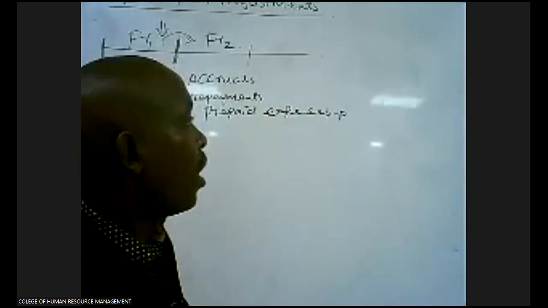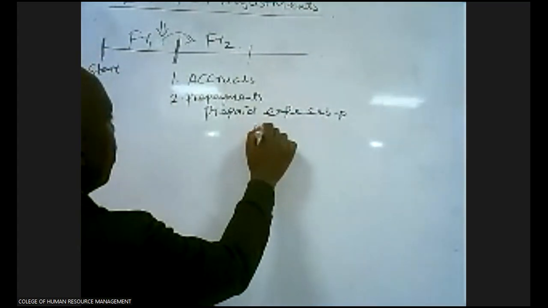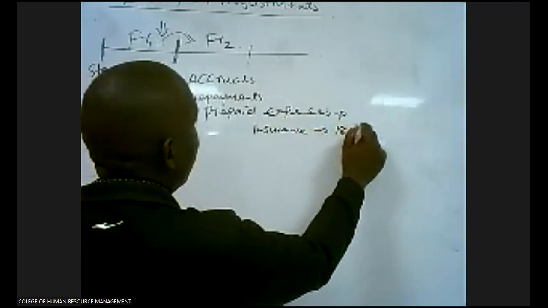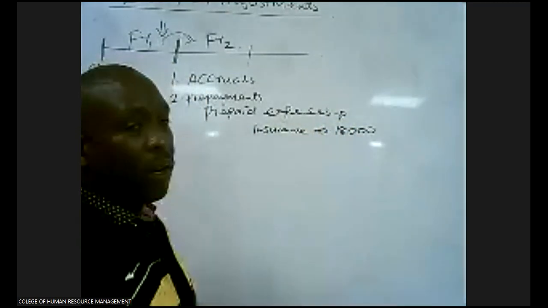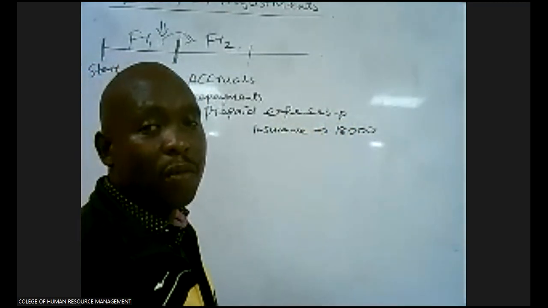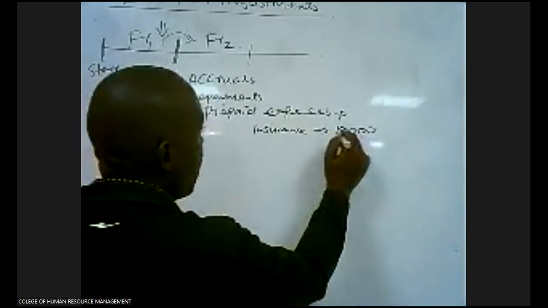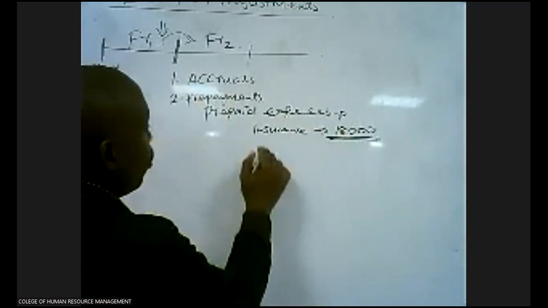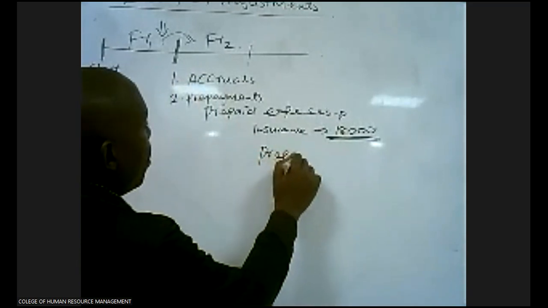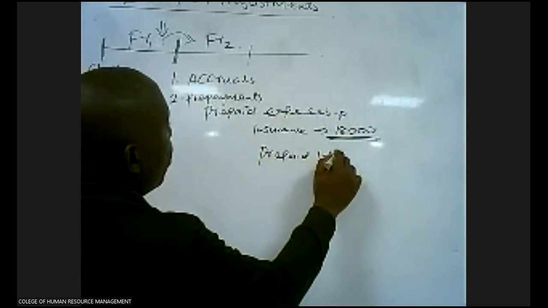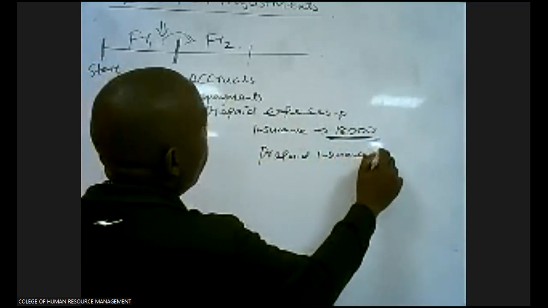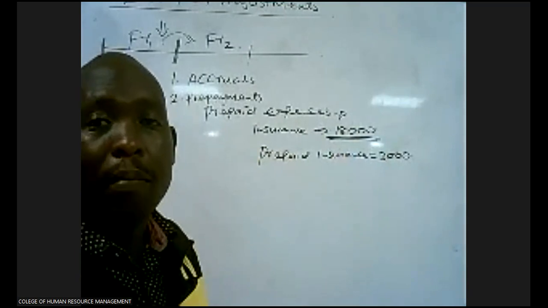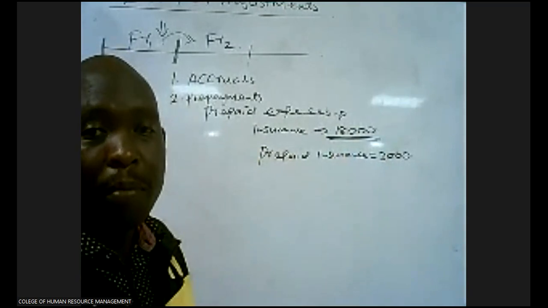Like for example, if the insurance we pay maybe 18,000, but the actual amount that was supposed to be paid was 15,000. We have paid 18,000, but we were supposed to pay 15,000. So we are going to have prepaid insurance, which is going to be equal to 3,000.